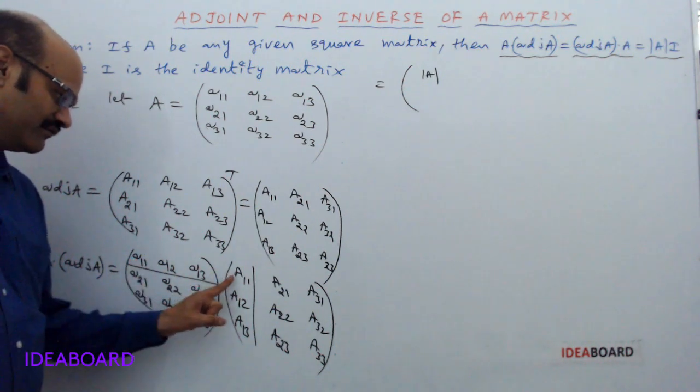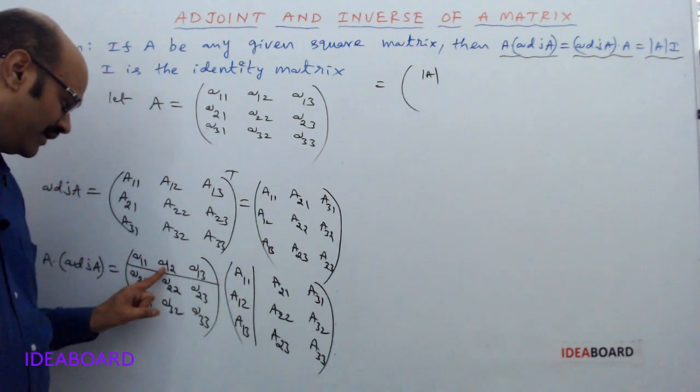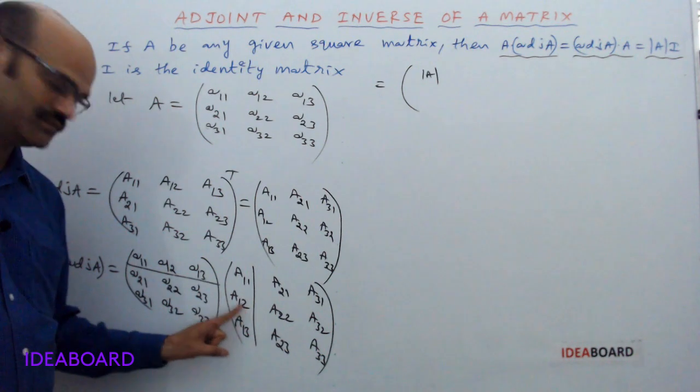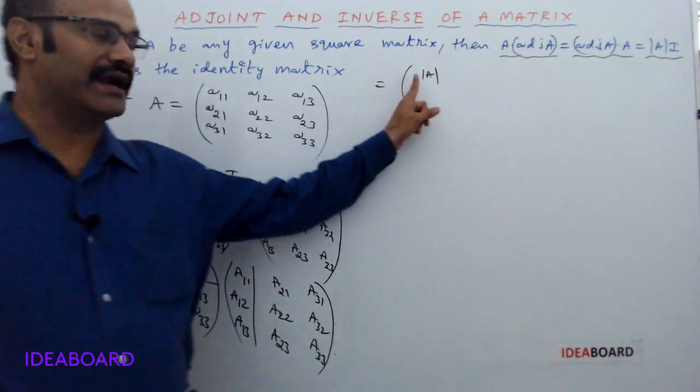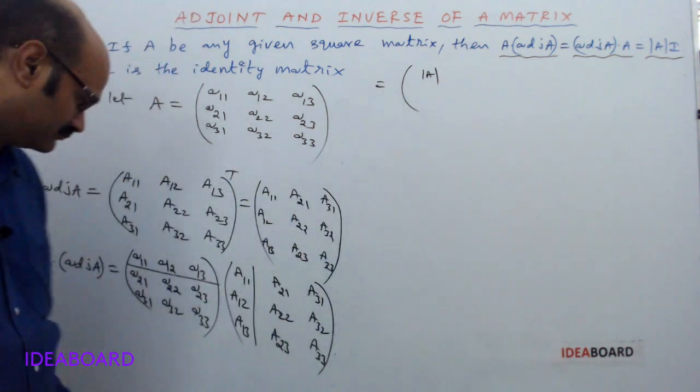The cofactor of a11 is A11, of a12 is A12, of a13 is A13. And if you add, we get det A.